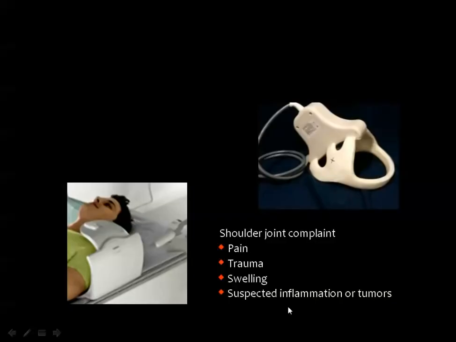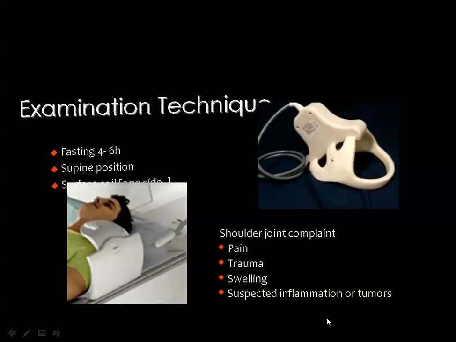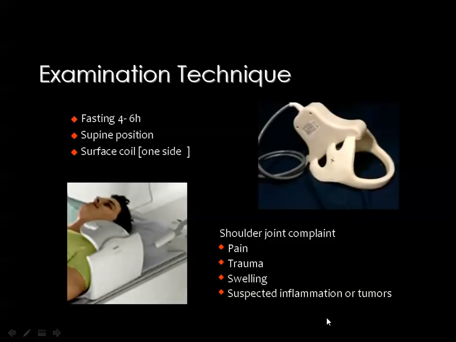First of all, in order to examine the shoulder, you should have the surface coil, and the suitable surface coil is that which can be placed very close to the joint of interest, and it also will not move with respiration.